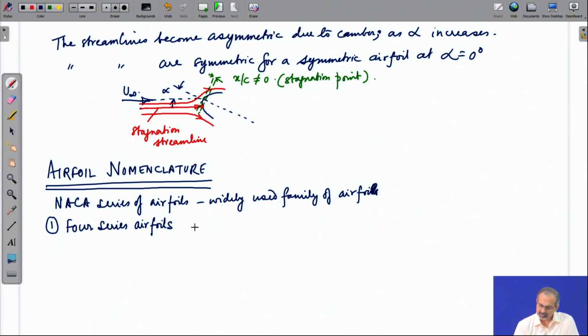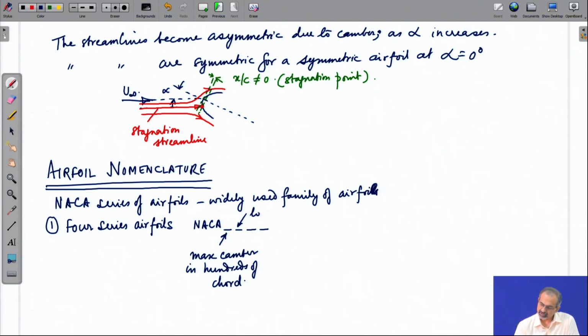The nomenclature looks like NACA, and then there are 4 places to fill in terms of numbers, single digits. The first digit that you need to fill, what does it represent? It represents the maximum camber in hundreds of chord. That is the first digit. What is the second digit?